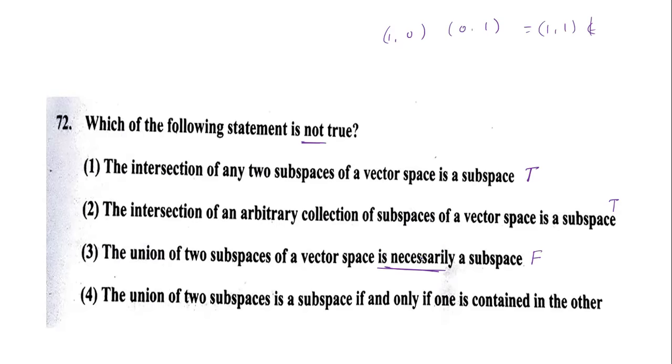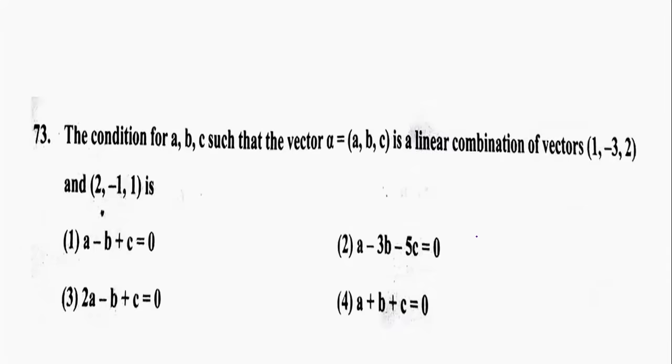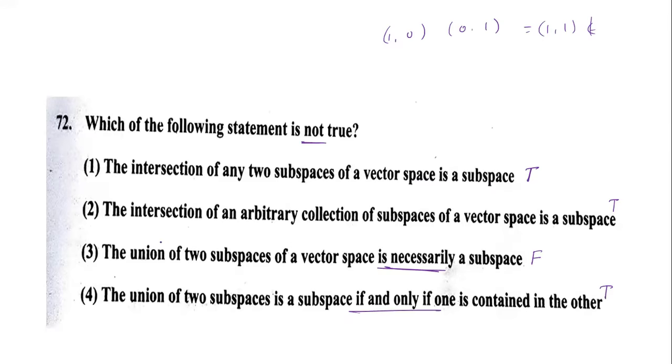Therefore, this is false. The union of two subspaces is a subspace if and only if one is contained in the other. This is a true statement. Therefore, the right answer for this question is option 3.